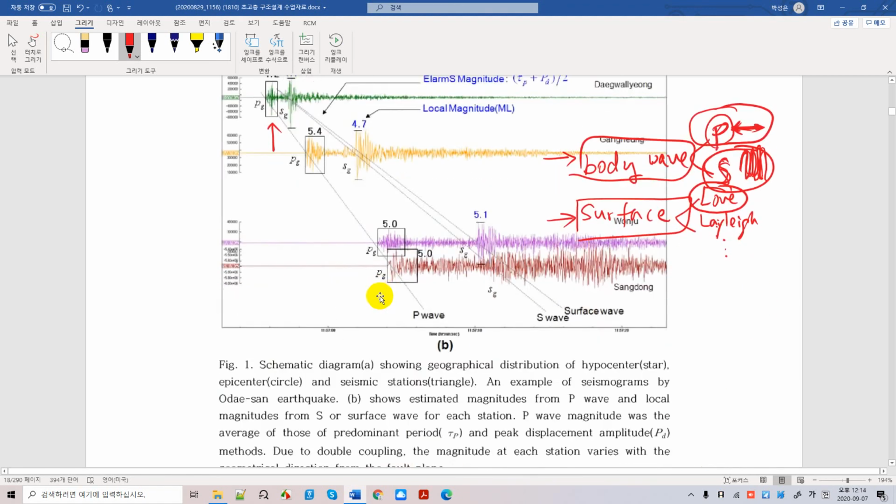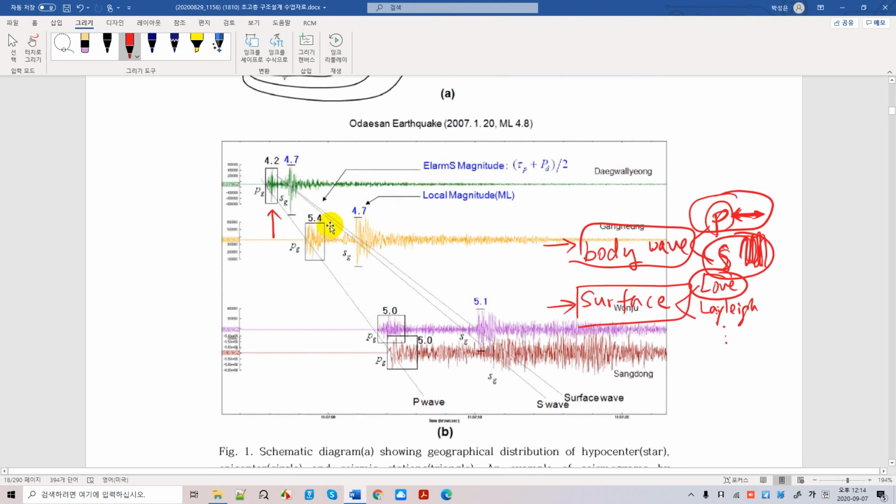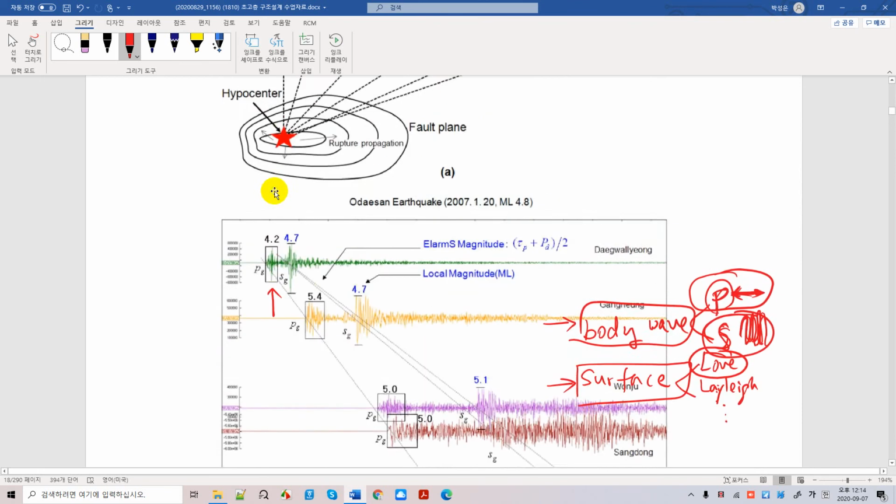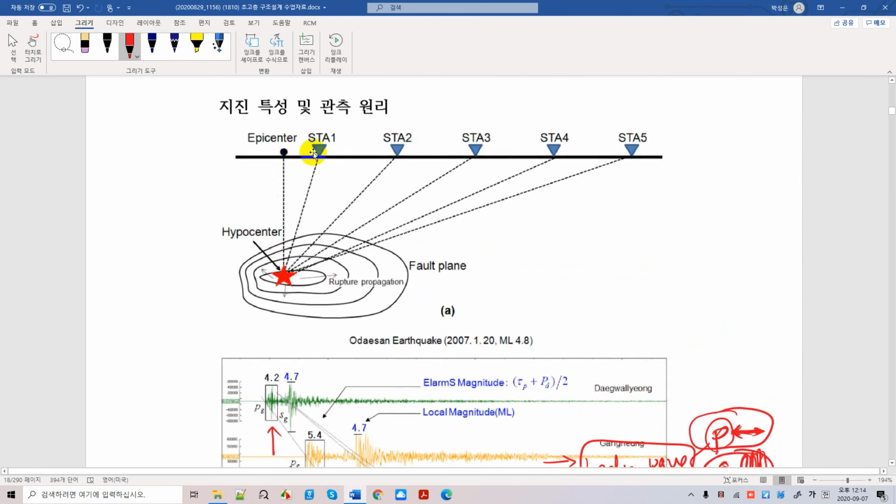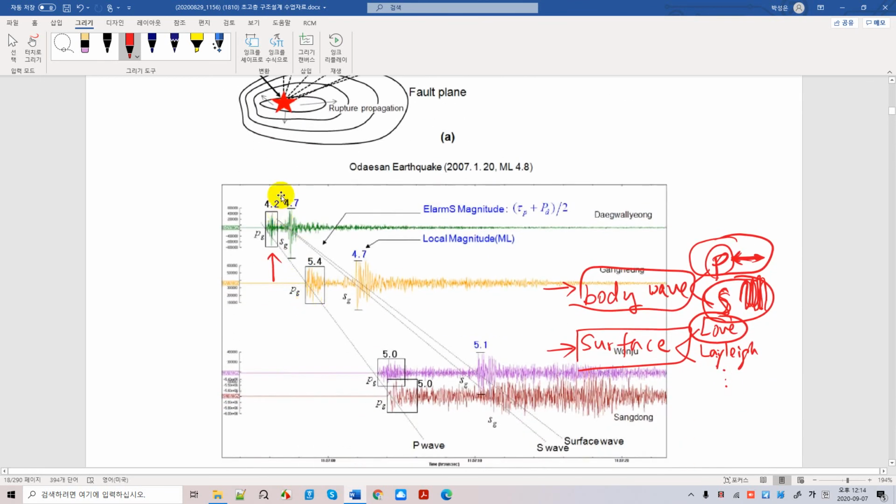So this is what you get when you measure at station A, for example. You get the P wave first, and then the S wave follows, and if there is a surface wave, then the surface wave follows.